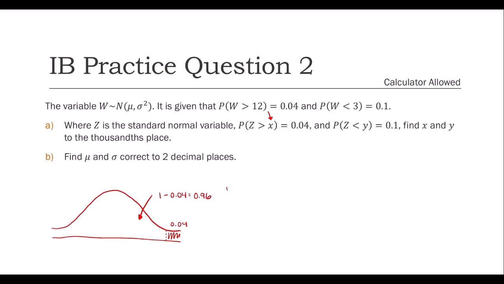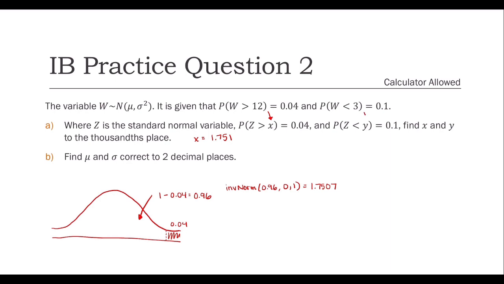So we need to do our inverse normal, where the area is 0.96, the mean is 0, and the standard deviation is 1. So that gives us a z-score of 1.7507. And it wants our answer to the thousandths place, so that would be 3 decimals. So x equals 1.751.